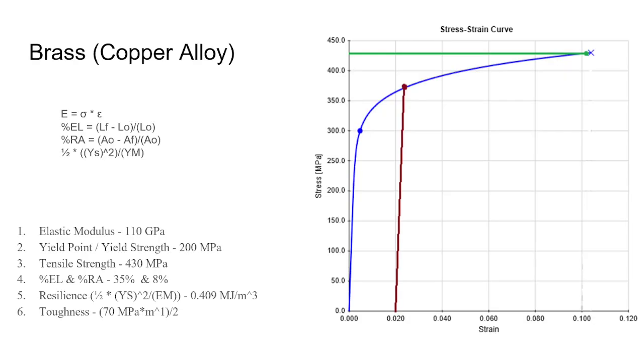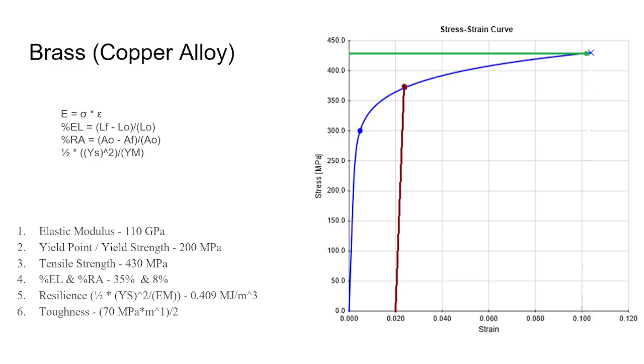For our alloy, we chose brass, which is a copper alloy, and the stress strain curve that I was able to find gives us the strain and stress for brass.